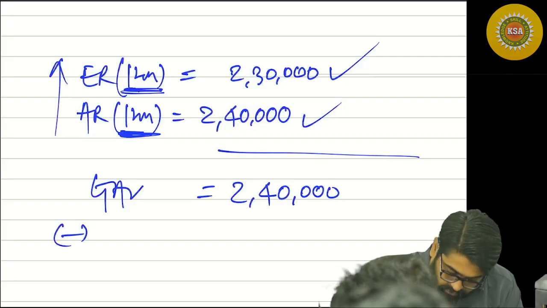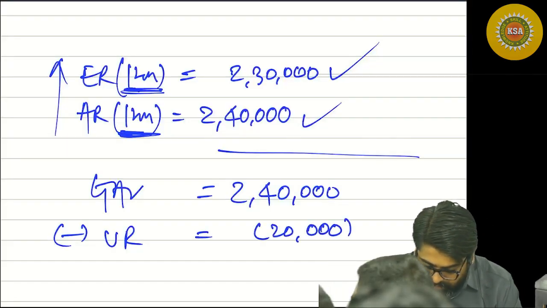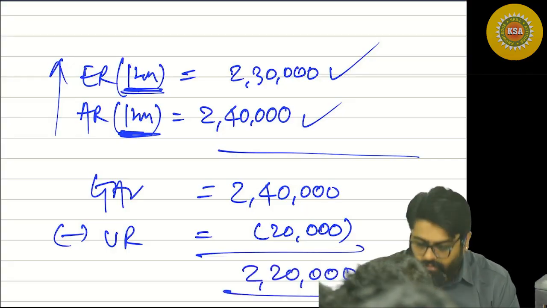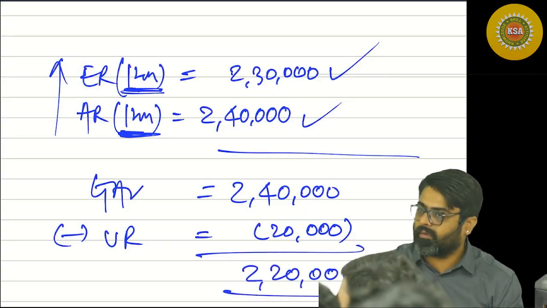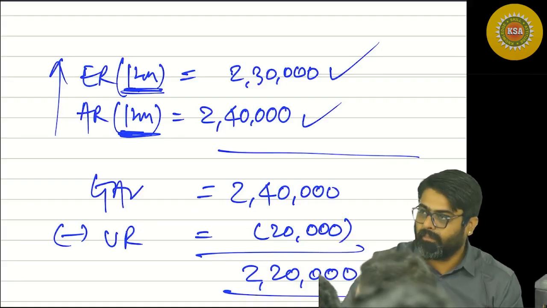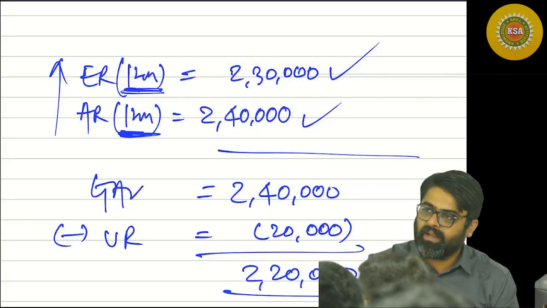Now from this, if you reduce 20, you will get a final GAV. Now tell me, would you like to pay tax on 2 lakh 20 or on 2 lakh 30? Getting the benefit of the entire 20,000 bad debt is better, or getting the benefit of only 10,000 is better? Yes or no?